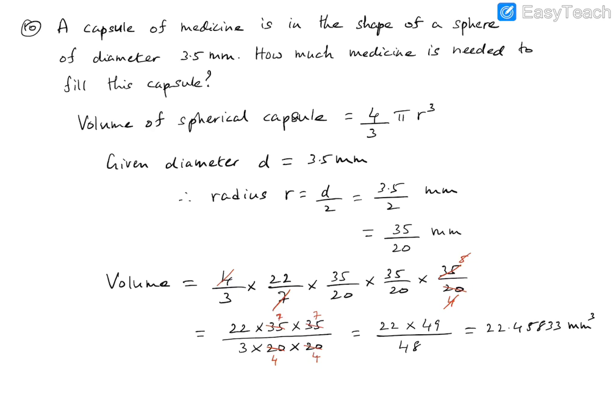Okay, so the volume is in millimeter cube because the diameter and hence the radius is given in millimeters, so therefore the volume is also going to be in millimeter cube. So it's 22 into 49 divided by 48, which is 22.45833 millimeter cube, which is the volume of the medicine that is needed to fill in the capsule. Okay, so that's the answer for this question.